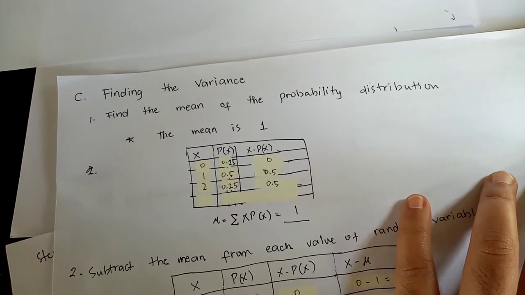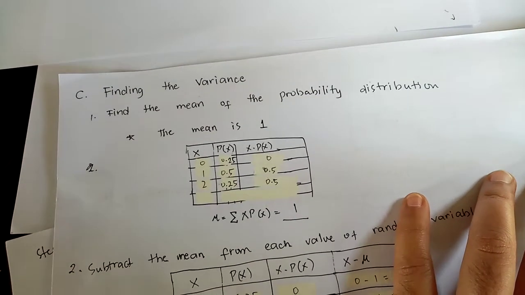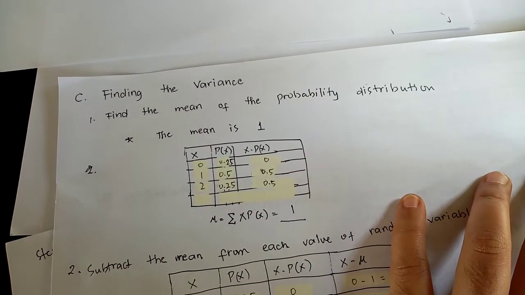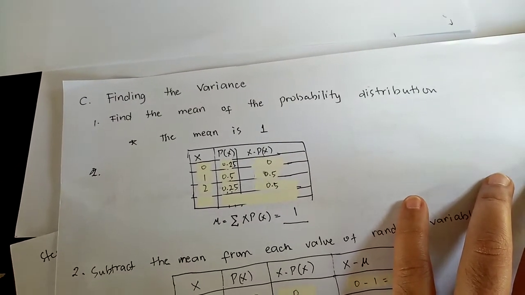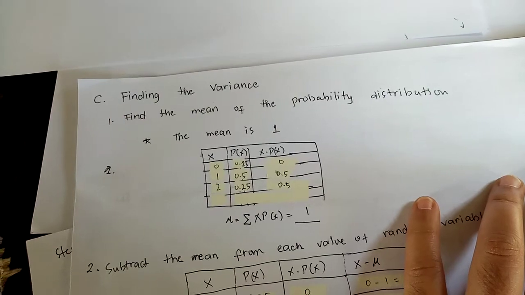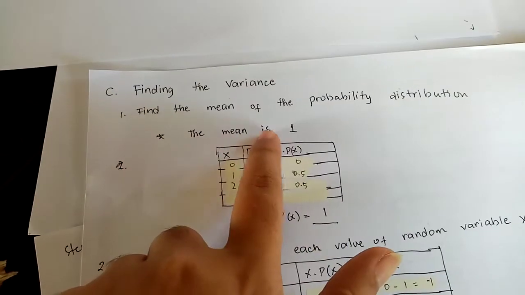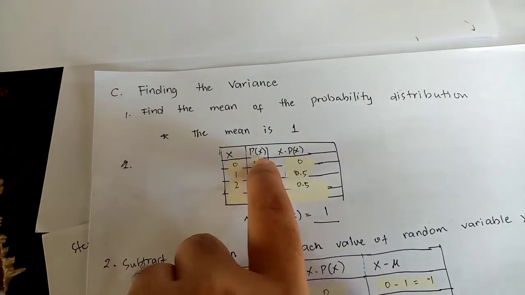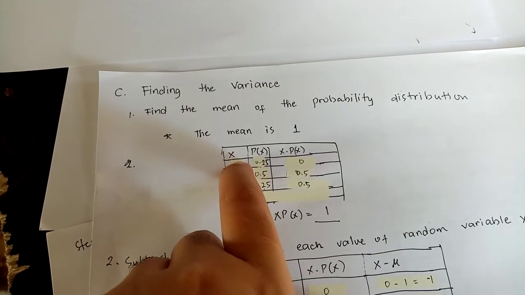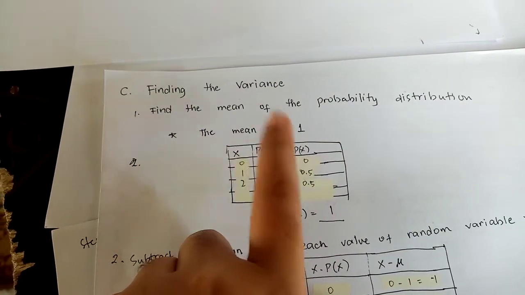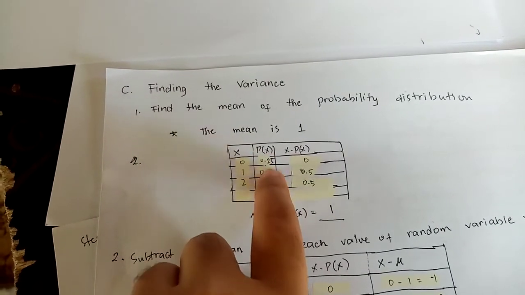The number 1 step is find the mean of the probability distribution. So, dun sa nauna, finding the mean, nakuha na natin yung mean, which is 1. So, recall lang, pagkuha ng mean is, i-multiply yung random variable x to the corresponding probability.